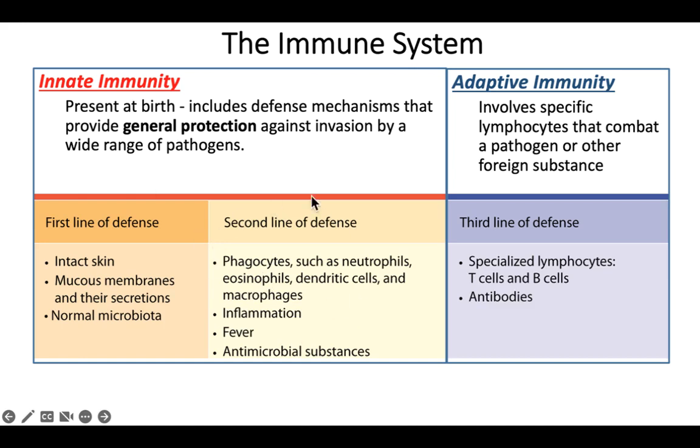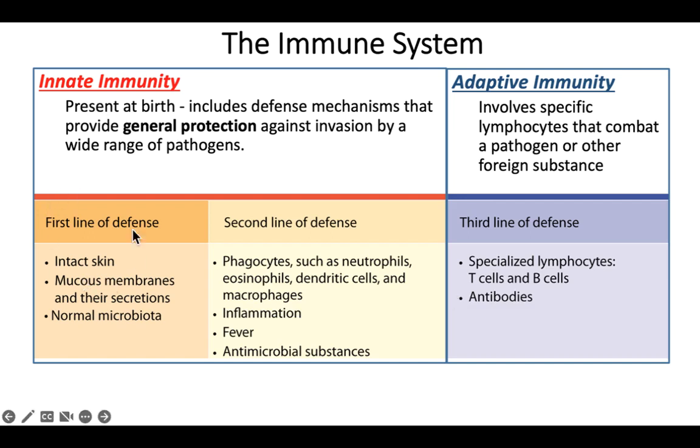They're not really specific, so they can't differentiate different pathogens, but they're there to help get any of those pathogens that might have penetrated through your first line of defense. And then the third line, like I mentioned, those are your lymphocytes, T cells and B cells. B cells produce antibodies, so we'll talk a lot about antibodies in this chapter. So that's the layout.